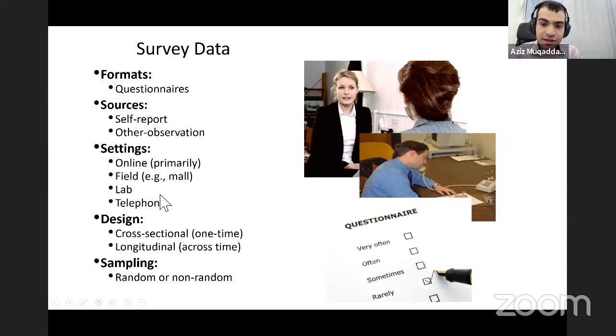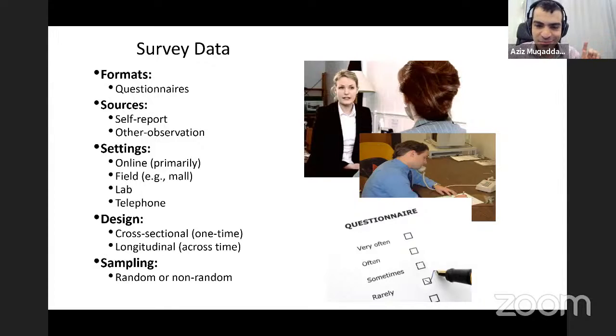You can do a survey on a telephone, as mentioned. With the design, it could be cross-sectional or longitudinal. Whenever you read about research, you will encounter the word cross-sectional.